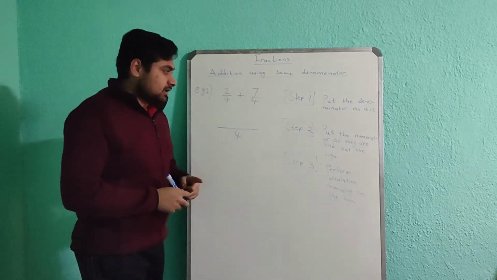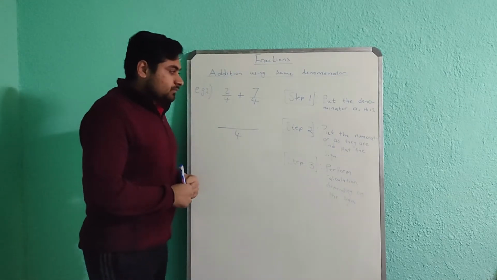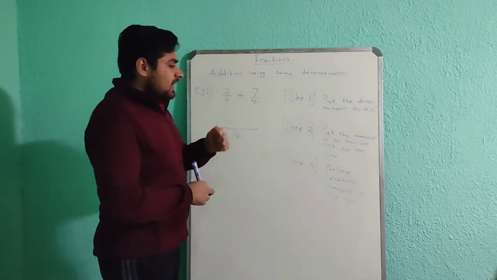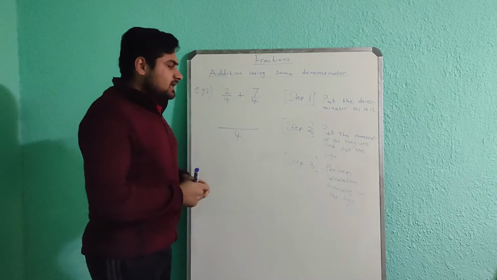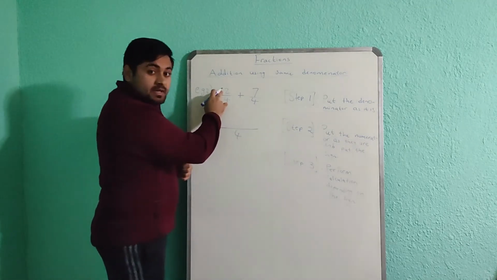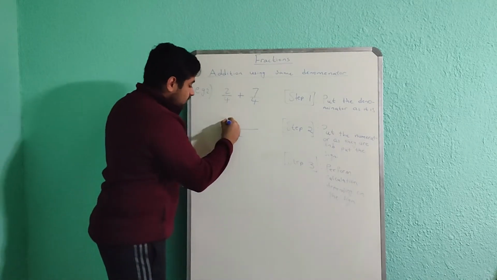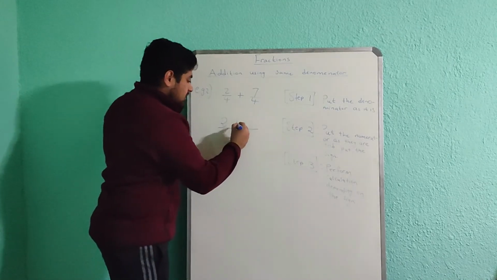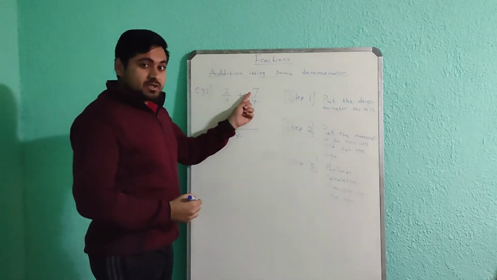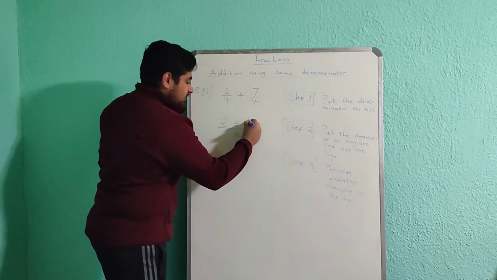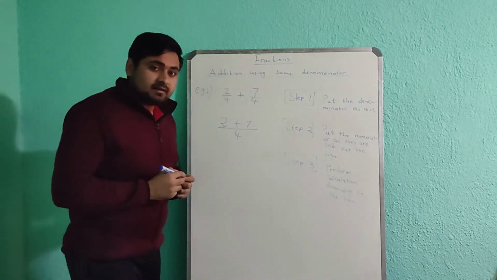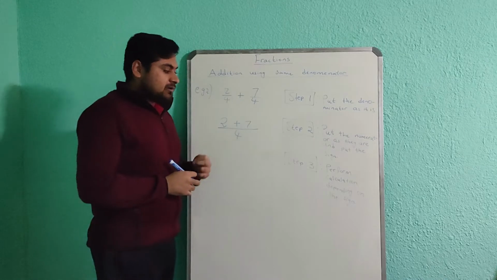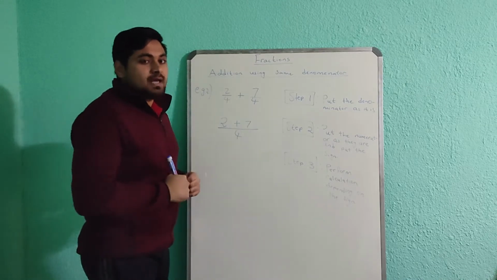Step 2 said put the numerators as they are and put the sign. What is the numerator of the first fraction? 2. What is the sign? Plus. And what is the numerator of the second fraction? 7. Now the final step says that perform calculation depending on the sign.